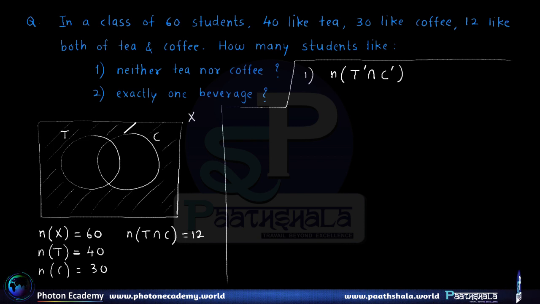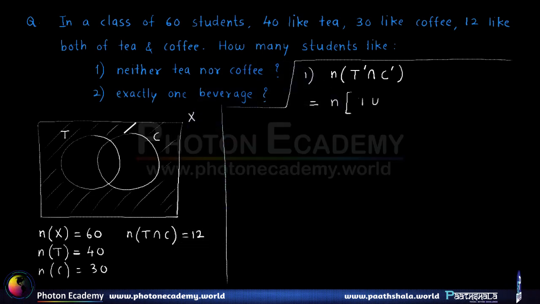And we know that by De Morgan's law, this is nothing but n of (T union C) the whole complement, which is nothing but the shaded region that we have shown. That is the region which comes outside the union of tea and coffee.